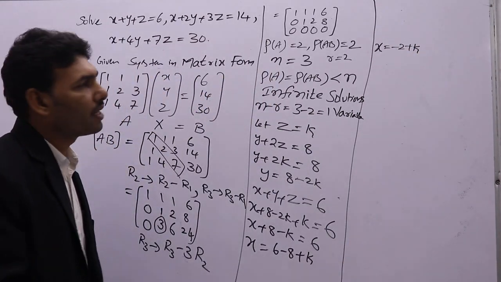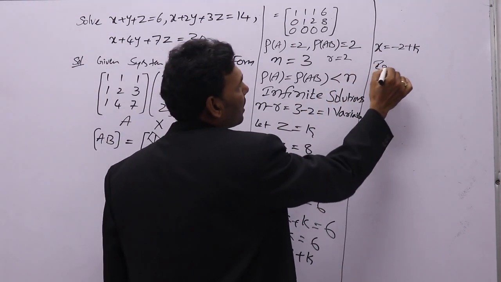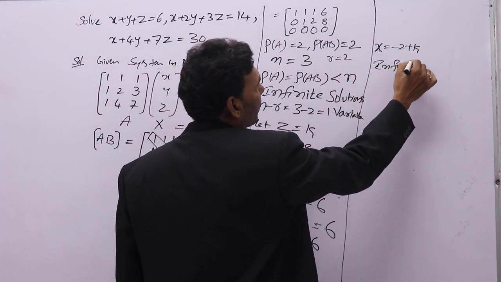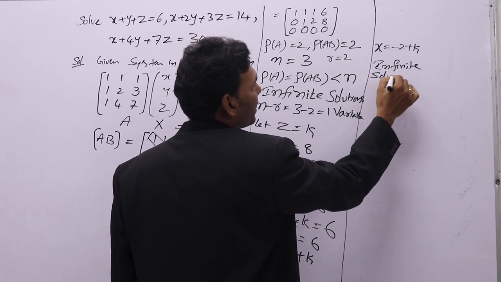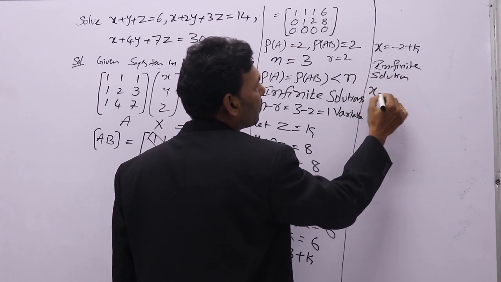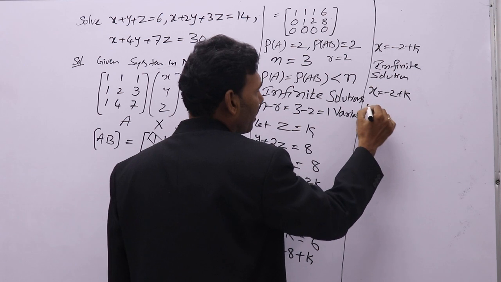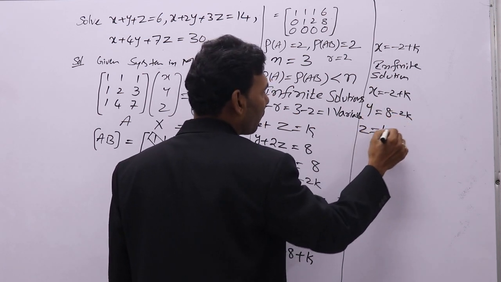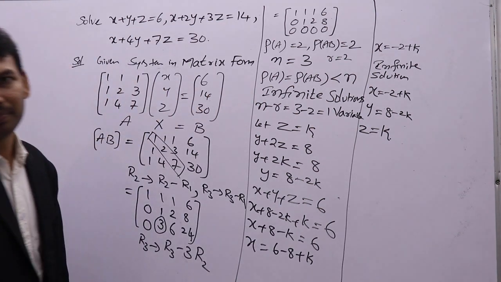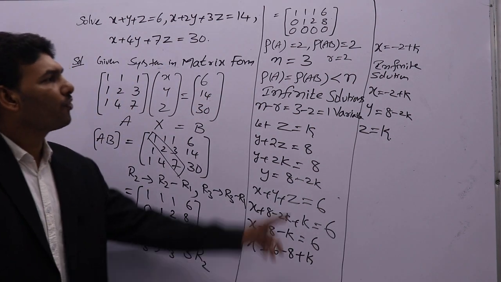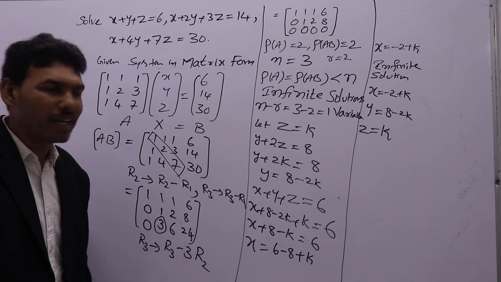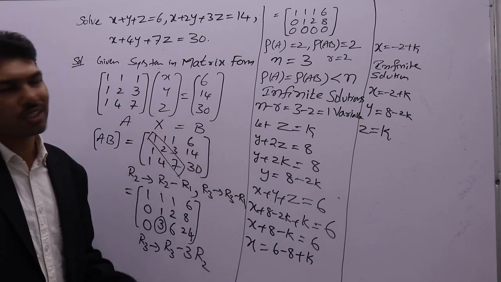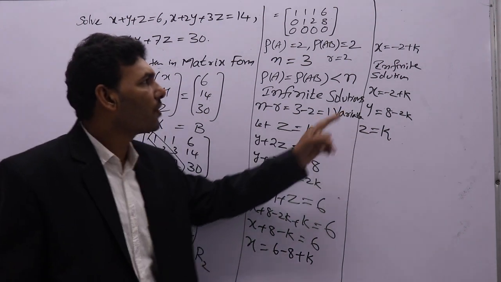So the infinite solution is x equals minus 2 plus k, y equals 8 minus 2k, z equals k. If you replace k with an infinite number of values, you will get an infinite number of solutions. That's why this is called an infinite solution.